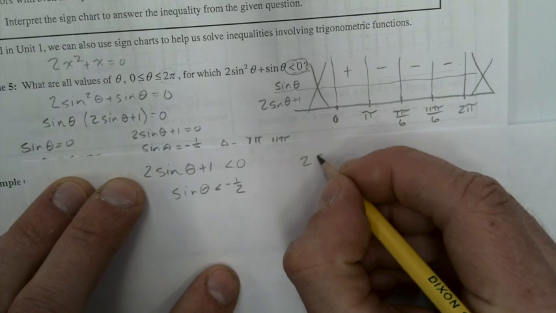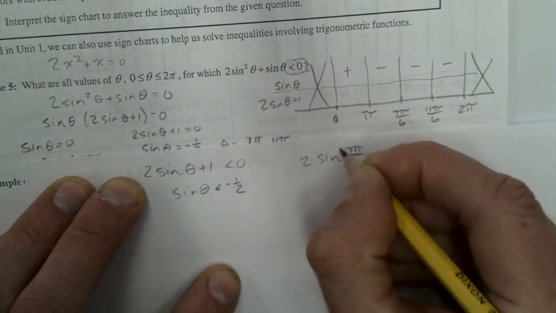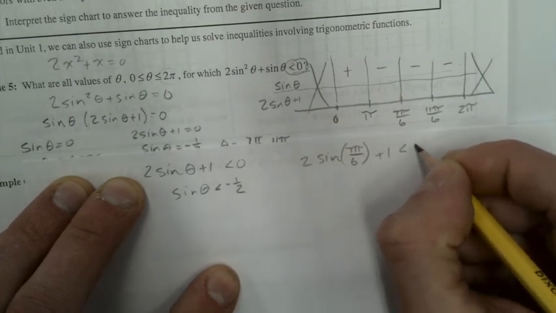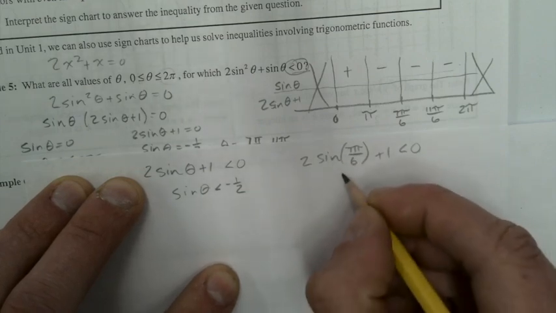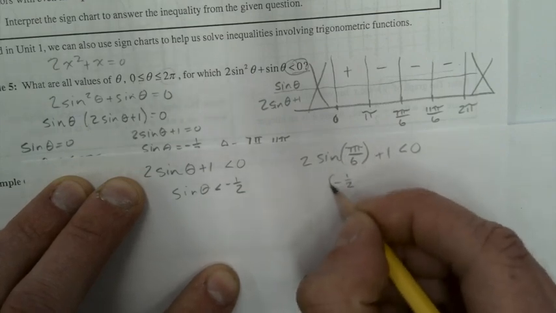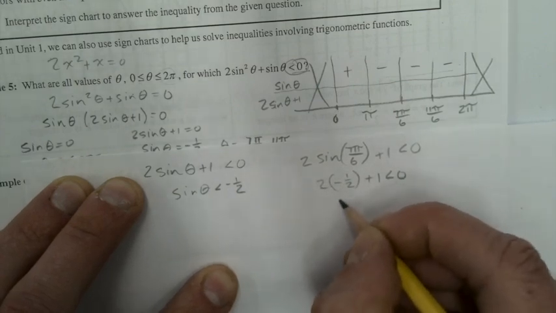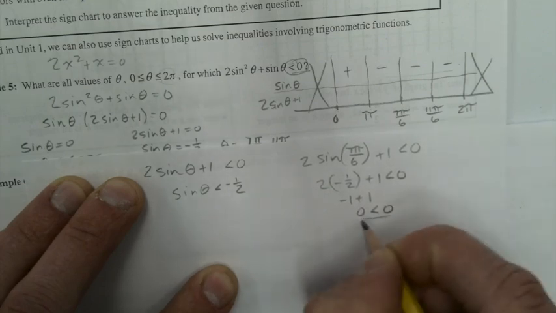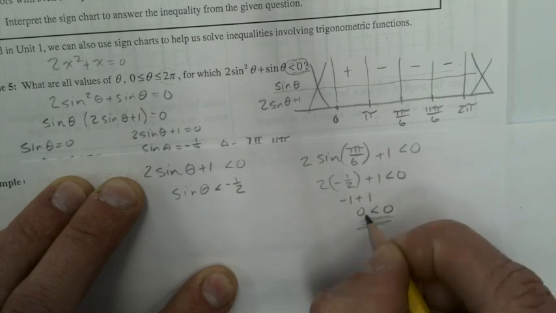If we plug in 2 sine of 7 pi over 6, the angle there, plus 1 is less than 0. Well, at this point, sine of 7 pi over 6 we said is negative 1/2. 2 times that means you have negative 1 plus 1, so 0 is less than 0. This is the point at which this function switches, right?